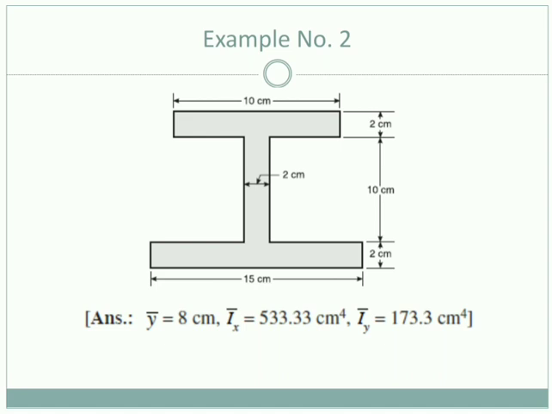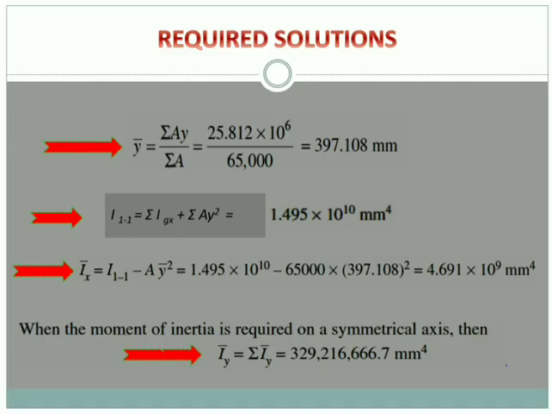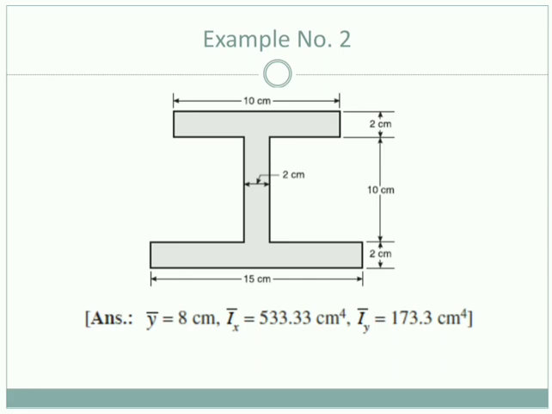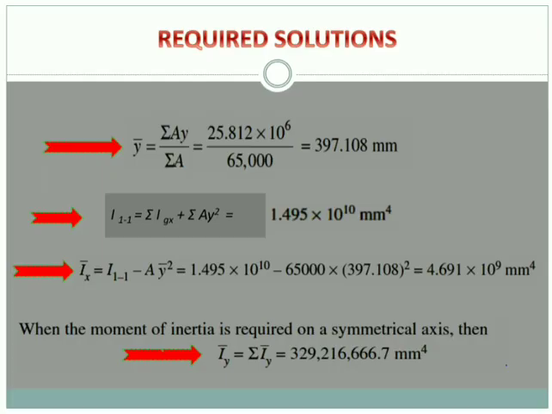How is this I section? Again, this I section is symmetrical about the vertical axis and it is not symmetrical about the horizontal axis. So you will make the table and find y bar. Once you find y bar, mark the bottom axis 1, 1, and with the definition of moment of inertia, I11 is equal to summation of A into Gx plus summation of A y bar square.